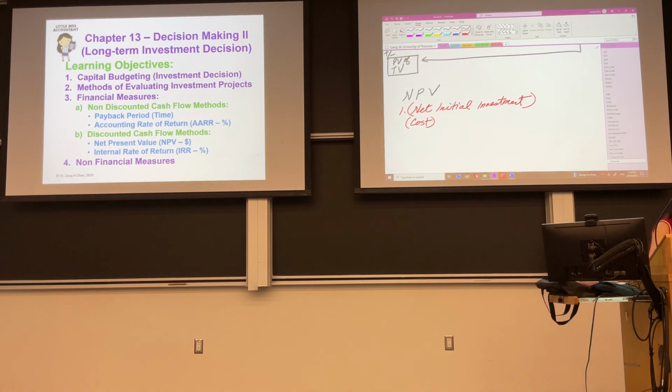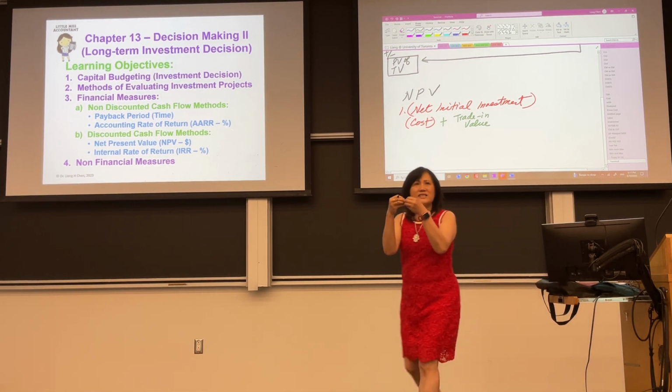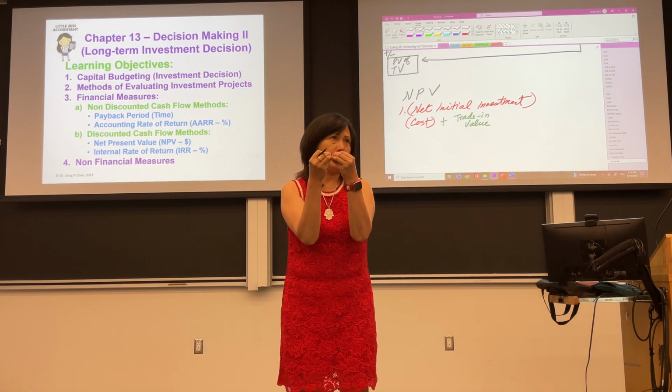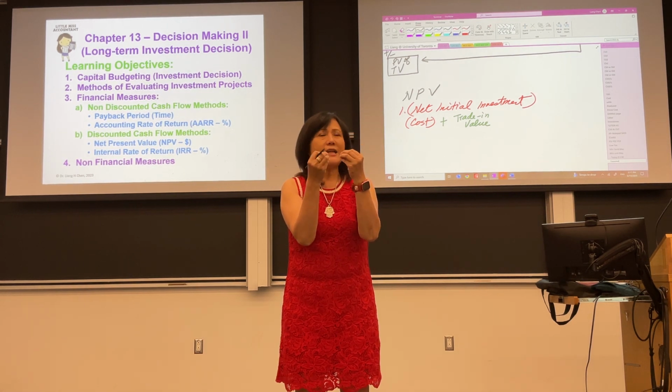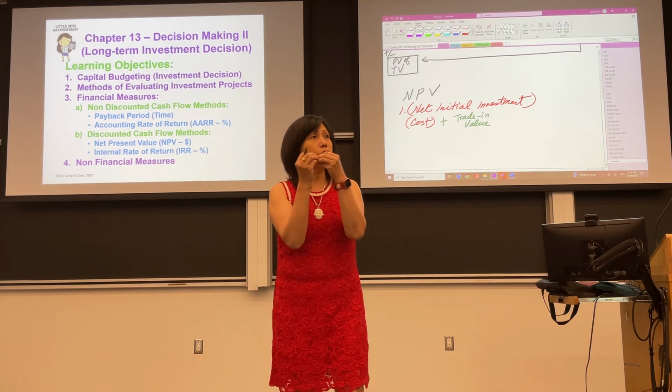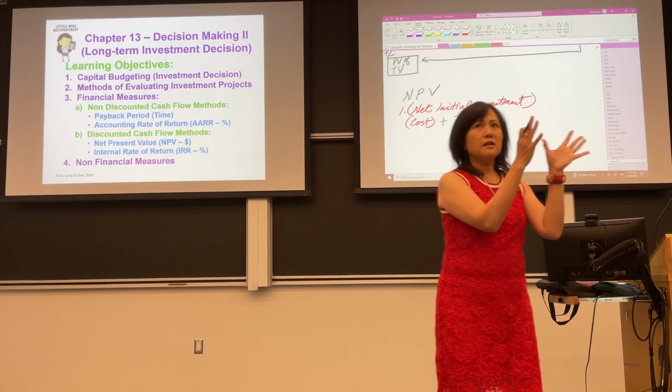Now, number two, you add any trading value. I call it trading value. So basically, you have an existing asset, but you don't need the two assets together. Just like you want to buy a delivery truck. You go to the dealership, you say, I want to buy a delivery truck.